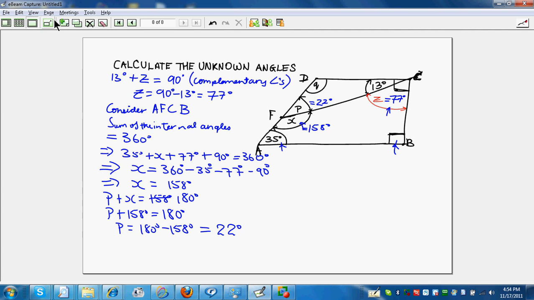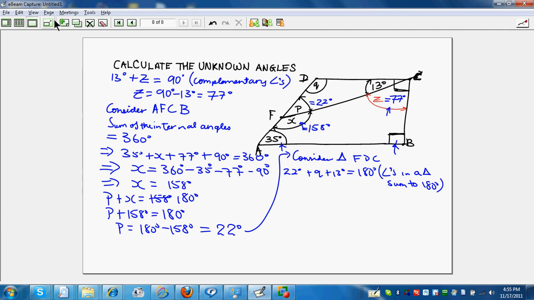We know 13, so the only unknown is Q. So if we come up here, we can write that if we consider triangle FDC, that 22 degrees plus Q plus 13 must be equal to 180 degrees, because we know that the angles in a triangle sum to 180 degrees. We know that, so we write it down.